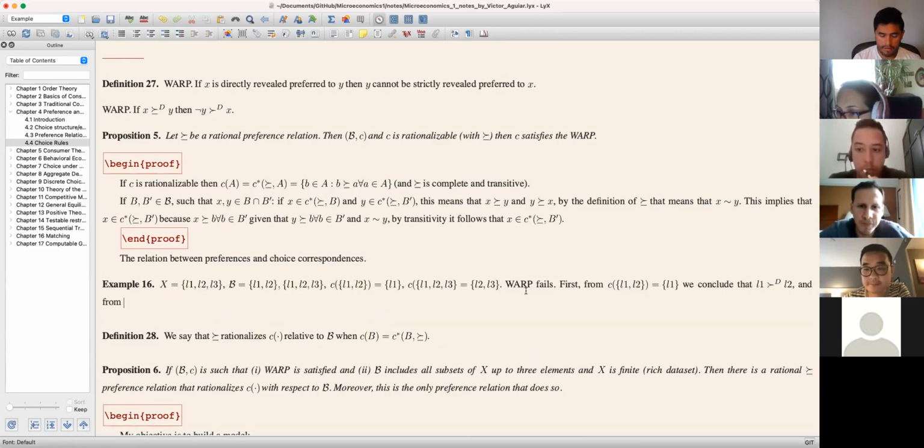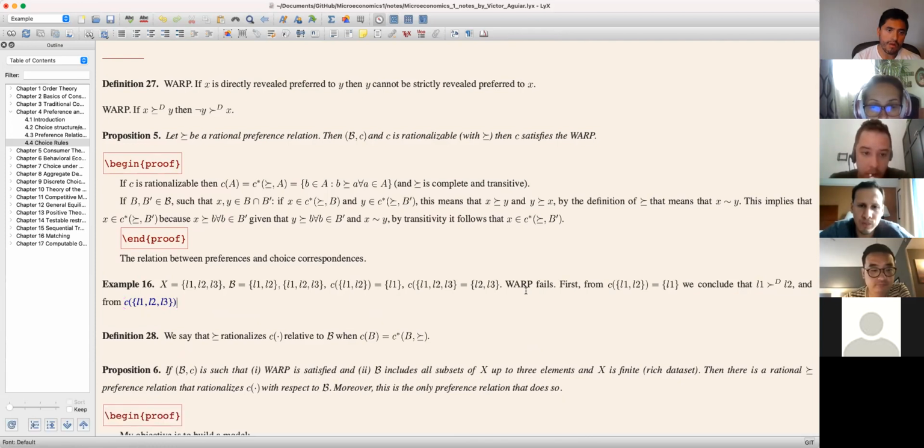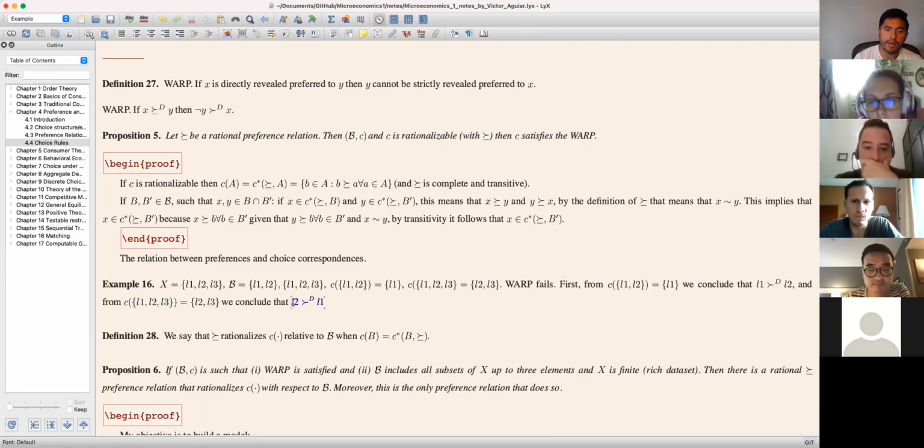And yes, right, from C, L1, L2, L3, sorry, I didn't put the output of this, L2, L3, right? We conclude that L2 is strictly revealed preferred to L1, right? So this is a violation of WARP, right?